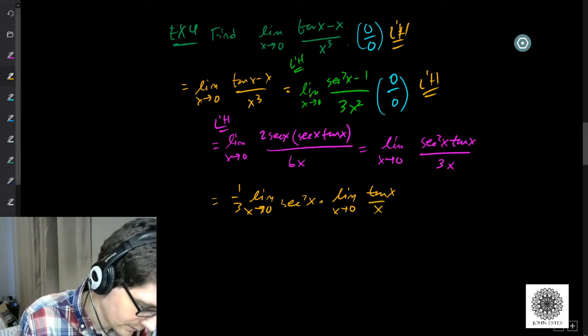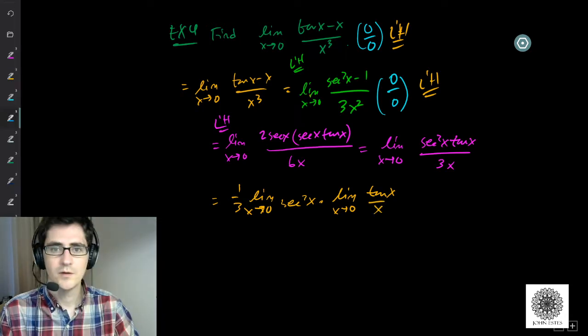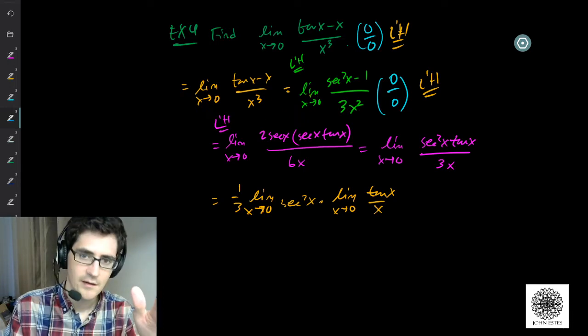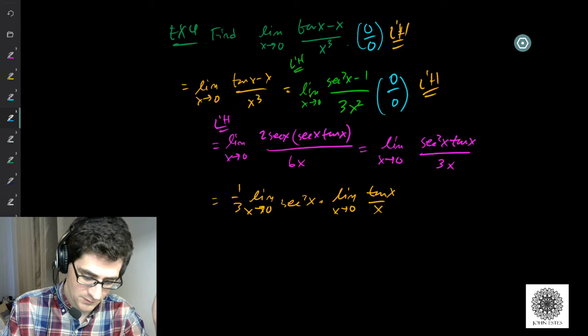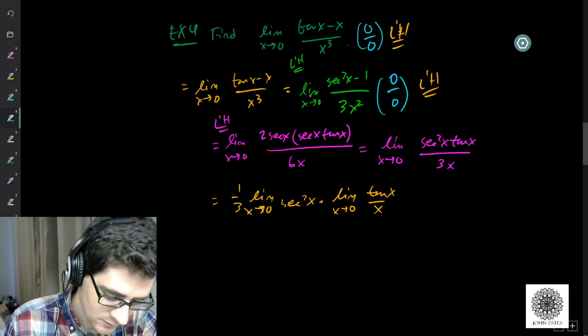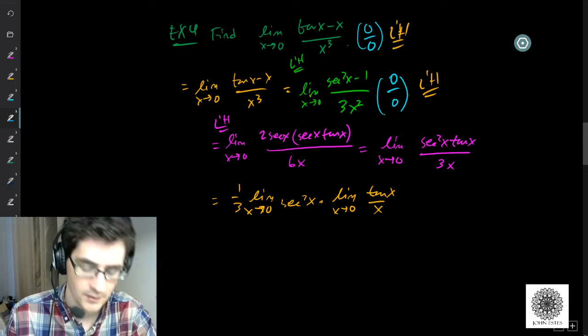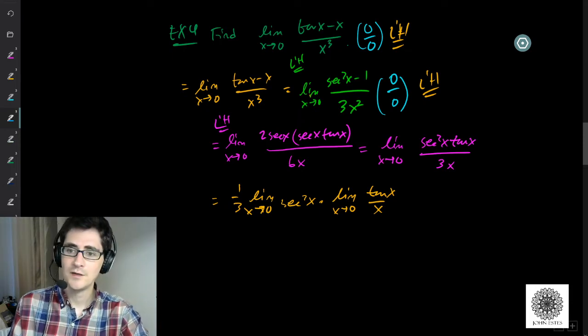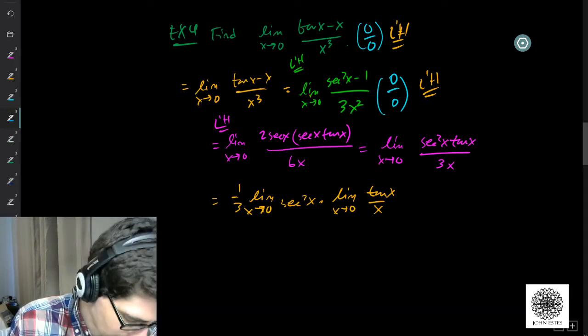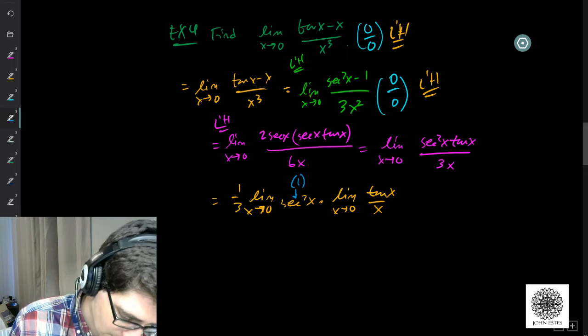Now, if you have to go back and look at Cal 1 how we can pull apart limits like this, feel free to do so, but we're allowed to break up over products. And the limit is secant x squared. I mean, we already thought about that earlier. Cosine at 0 is 1, therefore its reciprocal, secant, is 1 at 0, so secant squared is also 1. This is 1 right here, okay?